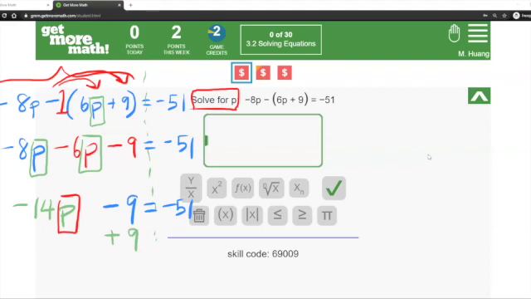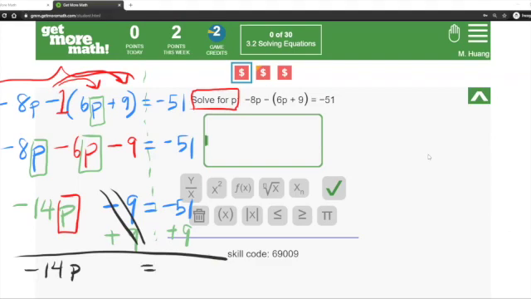We're going to add 9 on both sides. Rewrite the problem. We have -14p, -9 plus 9 cancels out, equals to, that is -42.